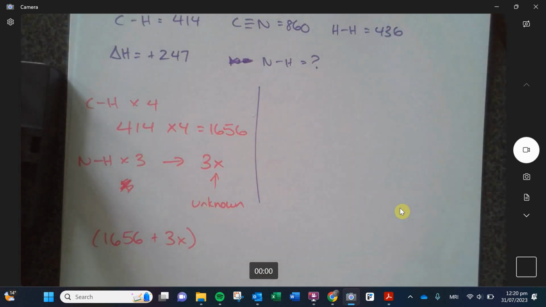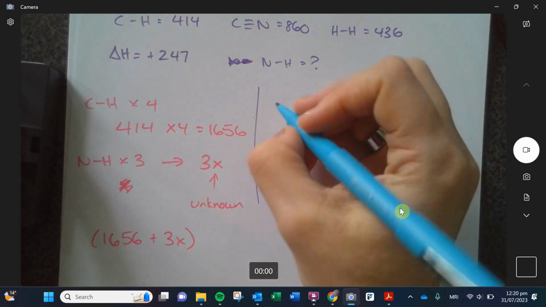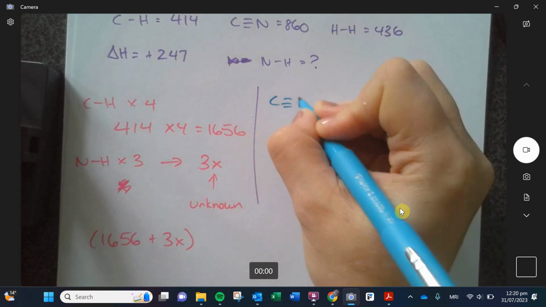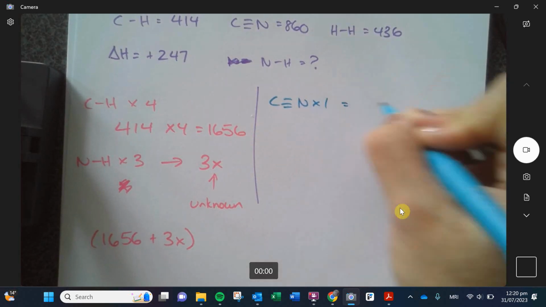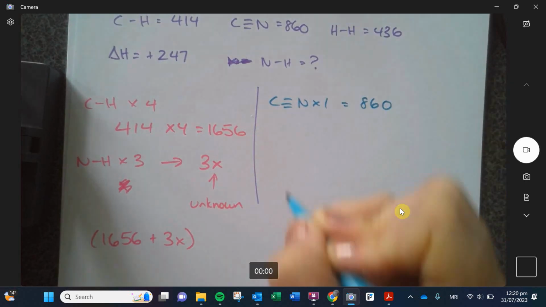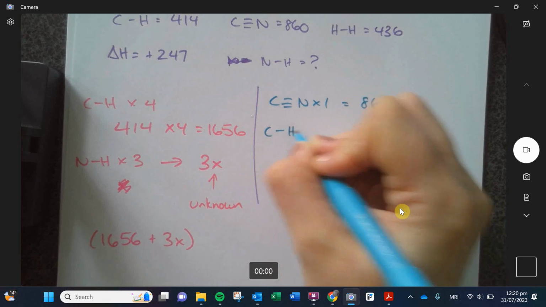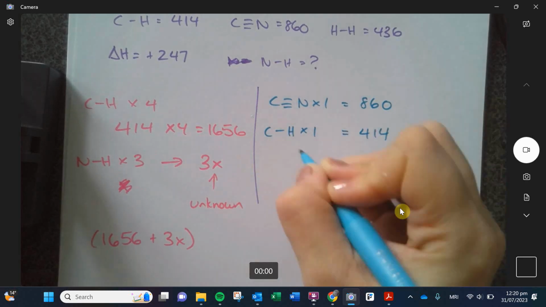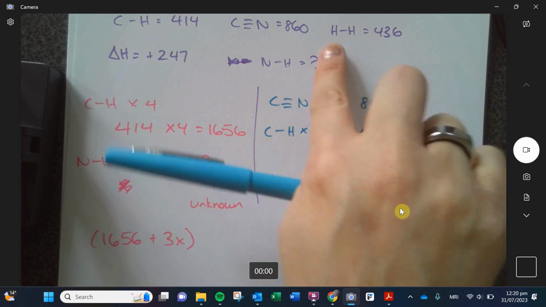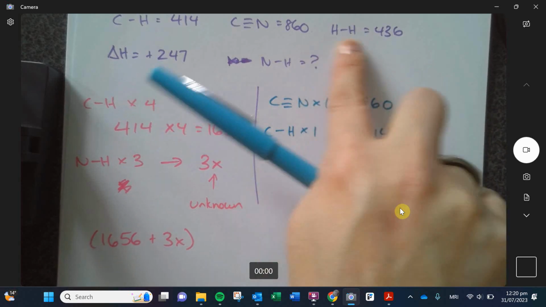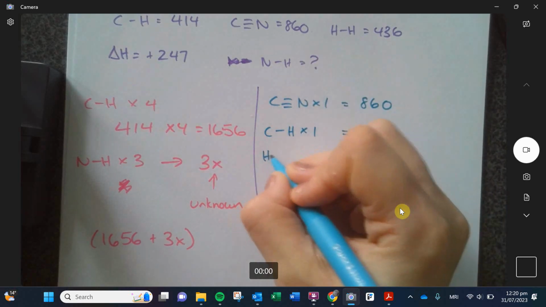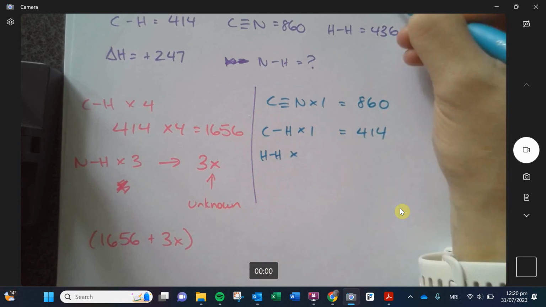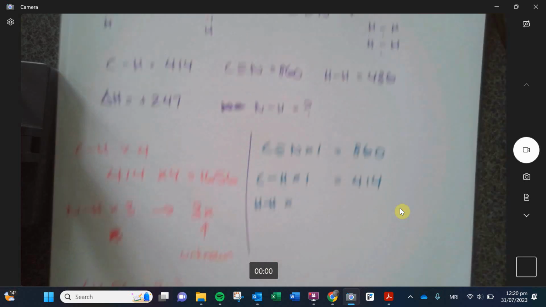On my product side, I have a C triple bond N. I only have one of them, so that's 860. I have a C single bond H, only one of them. That's 414. And then I have an HH. I have 1, 2, 3 of them.